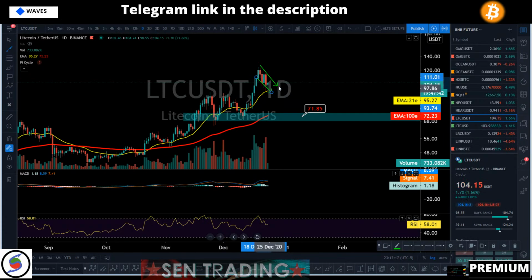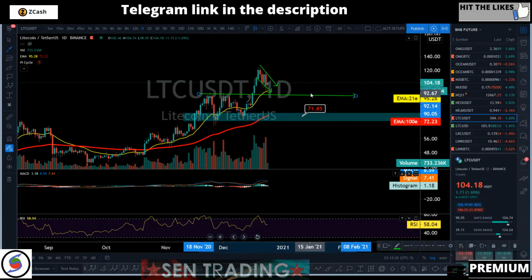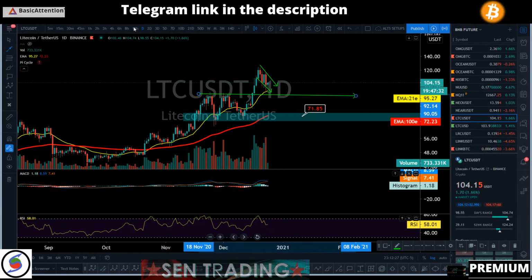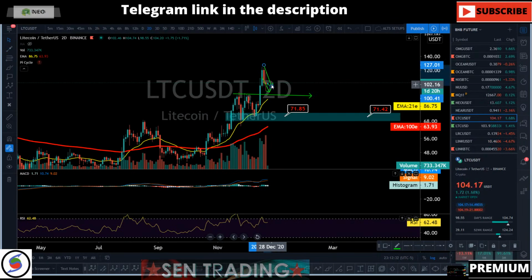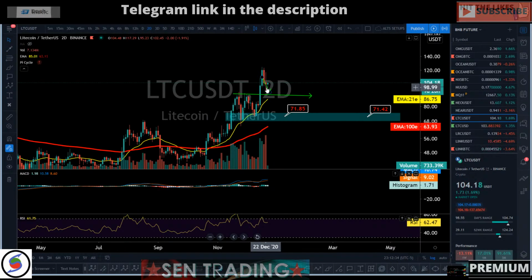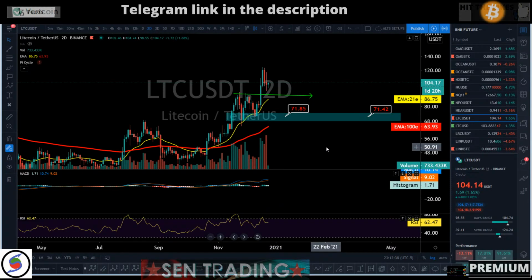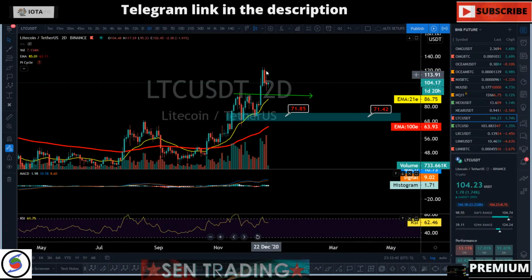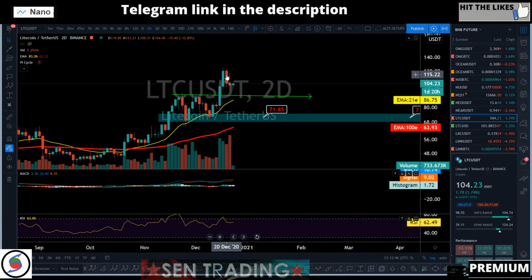So to me, Litecoin has a very crazy signal right now. Let's take a look at it on a 2-day basis. On a 2-day basis, it's a quite bearish pattern. We could say, hey, we should be worried right now, with this big rejection, a 90% engulfing candle right here.